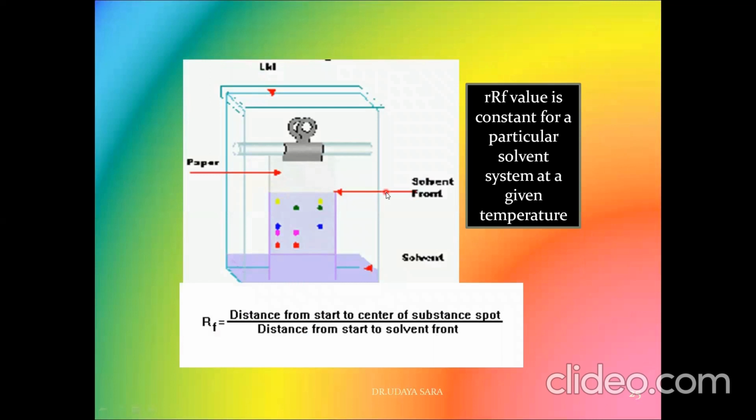You need to calculate the RF value. What is RF? It is the ratio of fronts, which is a constant for a particular solvent at a given temperature. RF is the distance traveled from the start to the center of the substance spot, divided by the distance traveled from the start to the solvent front.